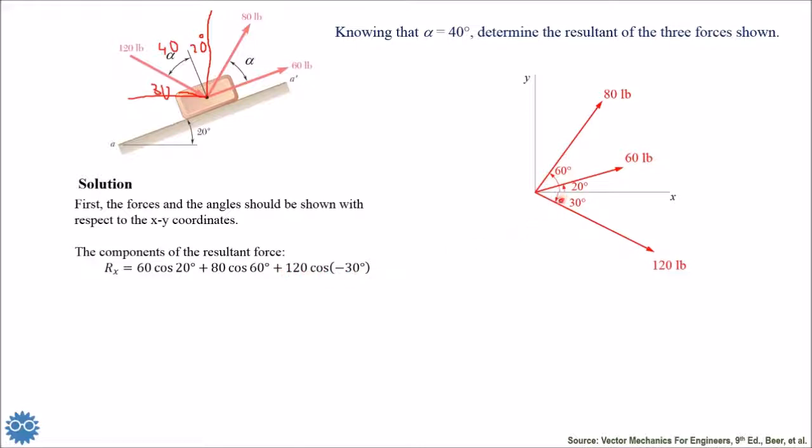As I said, because here we moved in the negative direction. Be careful, because if you put 30 as a positive value, that means it will be above the x-axis. Also, we should notice something important, that if the angle is minus 30 or 30, in both cases, the value of its cosine will be positive. So never be confused.